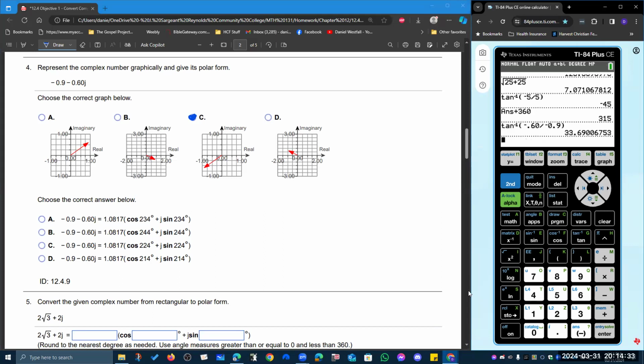We're going to get an answer that's in quadrant 1. We need to add 180 degrees to that to get an answer that's in quadrant 3. 213.6, they're rounding to the nearest degree. So it's going to be D.